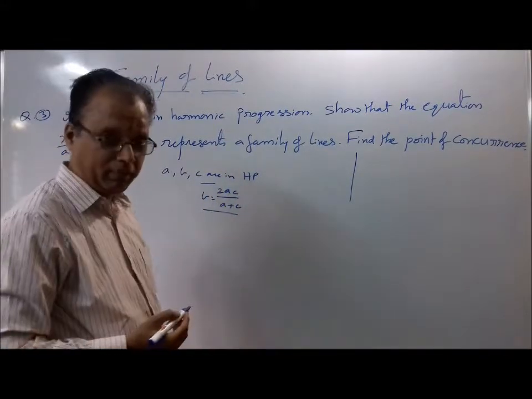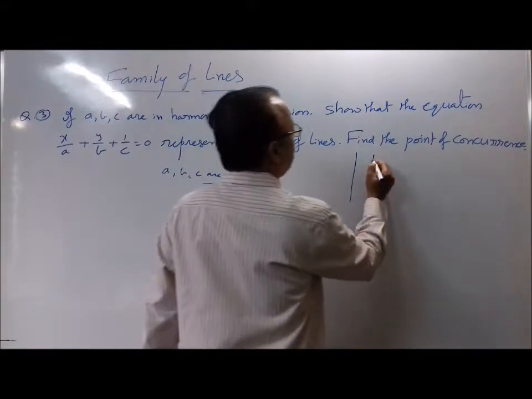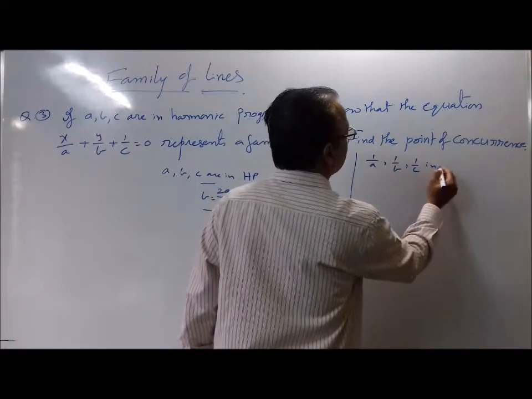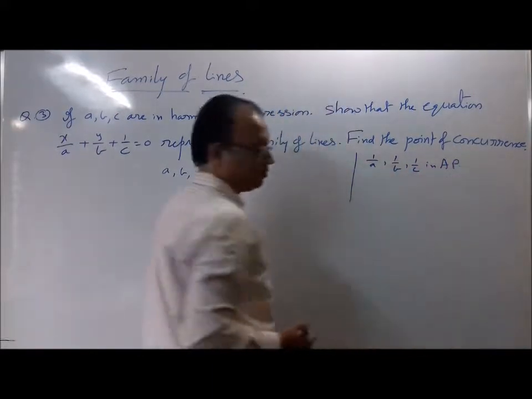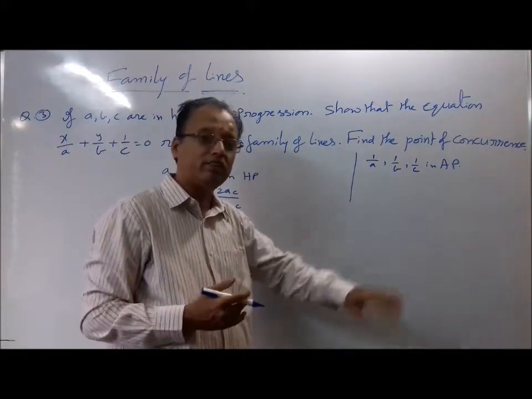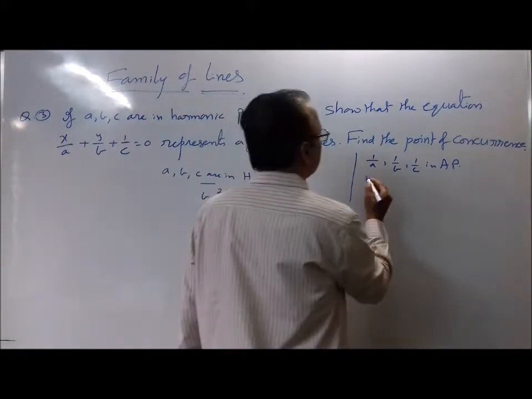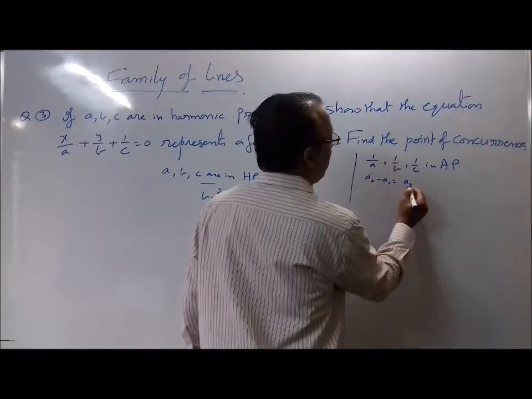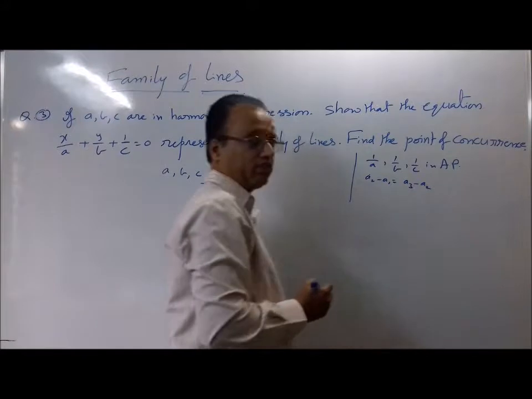A, B, C in HP means 1 by A, 1 by B, 1 by C are in AP. AP has a common difference: A2 minus A1 is equal to A3 minus A2.